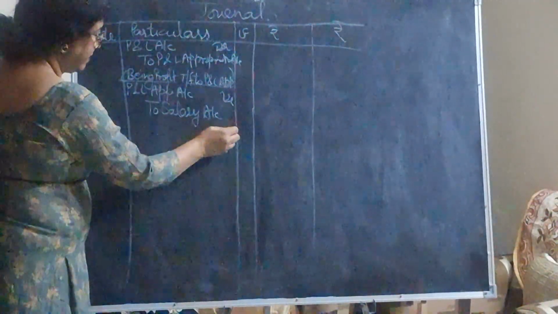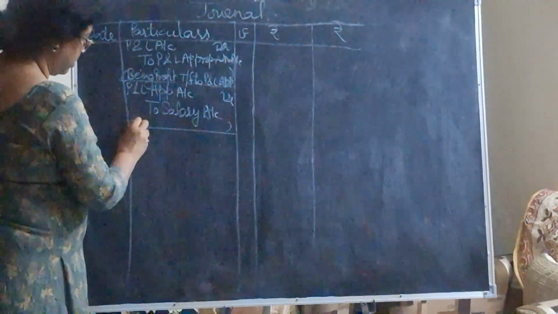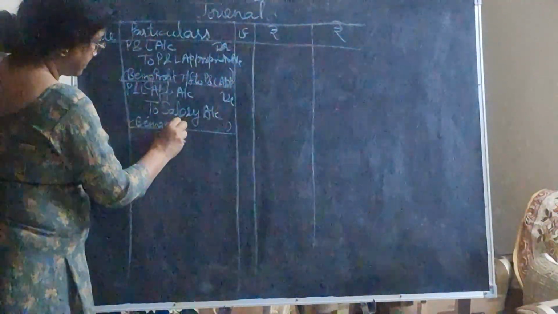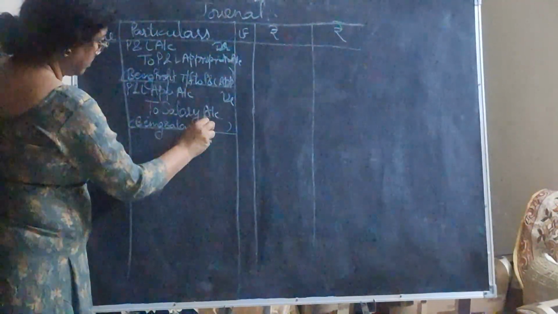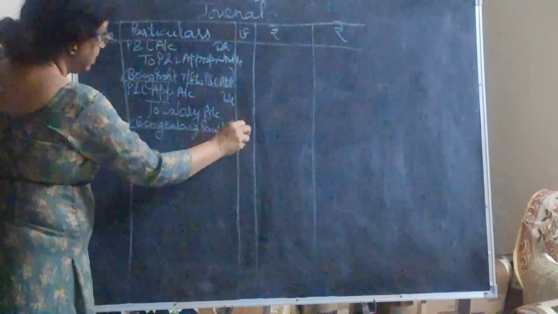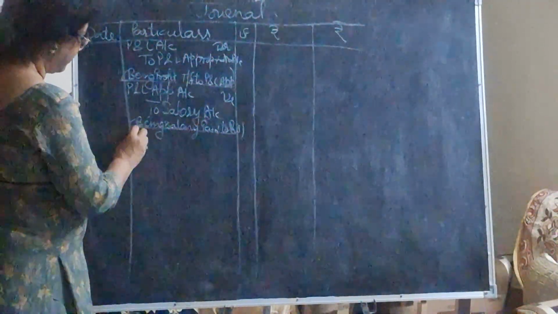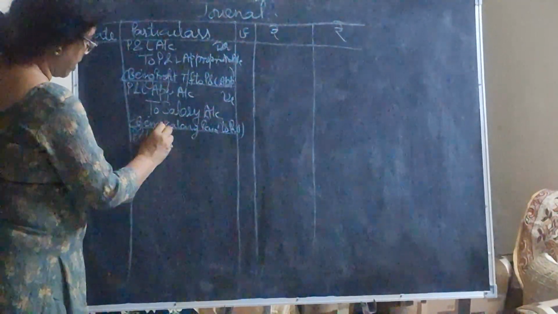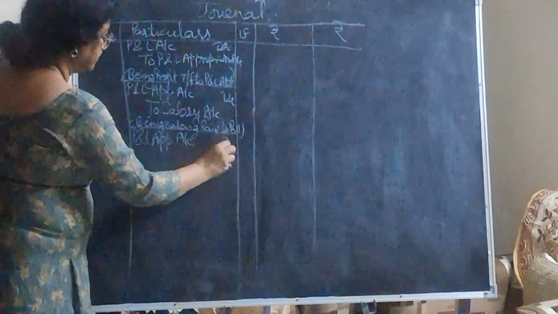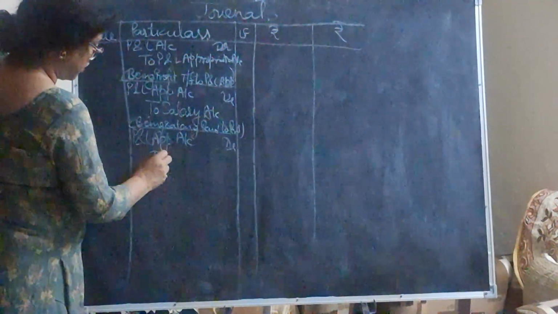अकाउंट. Whatever is the salary amount, being salary paid to partners, right? Then P&L appropriation account debited to commission.